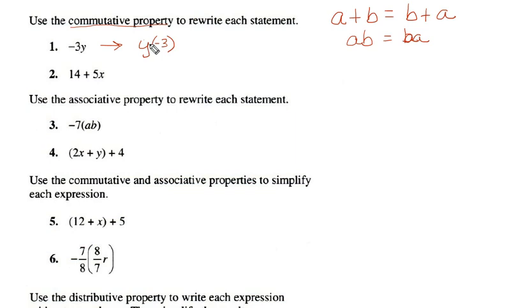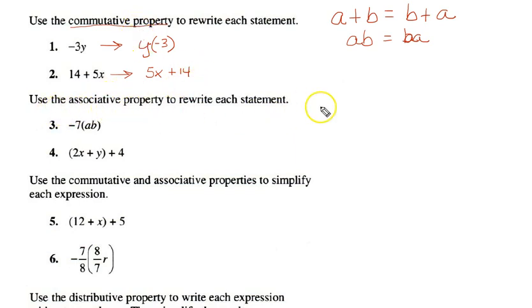There is no multiplication sign between these two, but I put one in, but you don't need to. And for this one, just reverse the order: 5x plus 14. And again, what property is this when we just reverse the order? The commutative property.